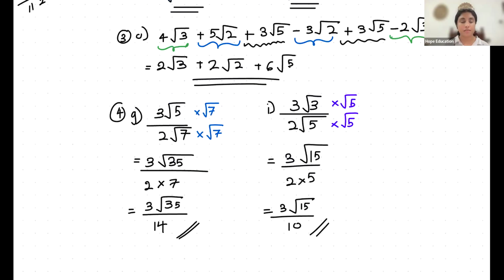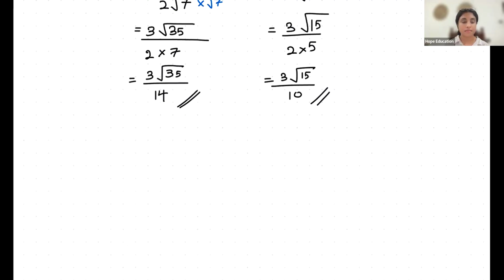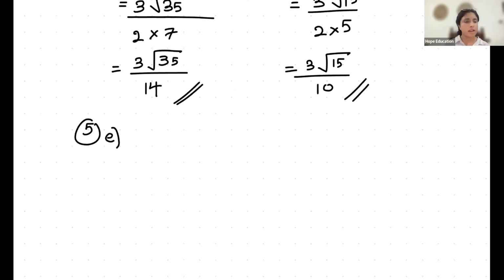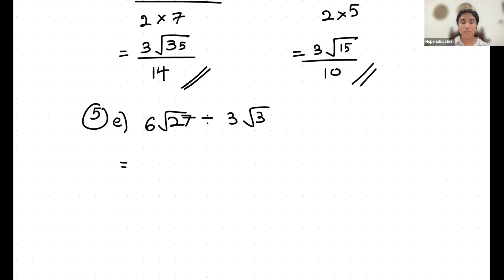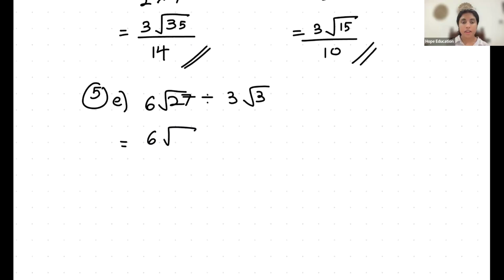Fifth one, E and F. Then simplify. E is 6 root 27 divided by 3 root 3. So division is quite simple.